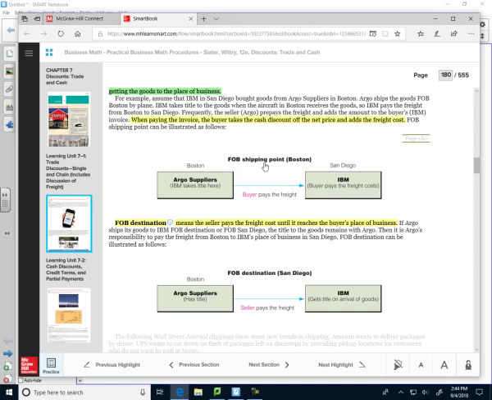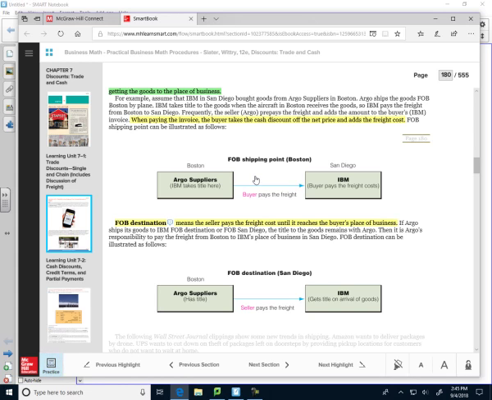So FOB shipping point, you just imagine that at the dock of the supplier, that's when it becomes the property of the person who bought it, and they pay the freight. Now, make a little note here in your head. There is no discount on the freight.